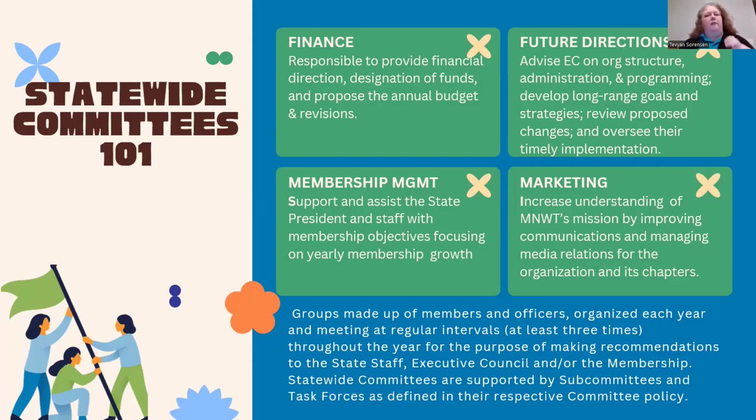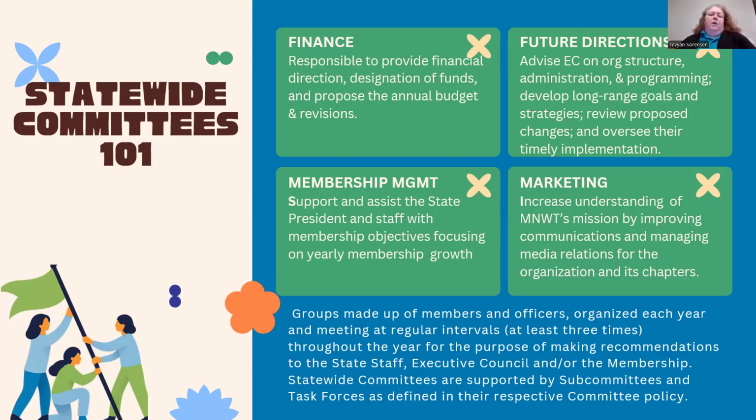So the 3 that we often refer to as statewide committees, because finance meets on a different time, but these 3 meet together, are Future Directions, Membership Management, and Marketing. I put these in a little weird order, but I'm going to start with Membership Management and Marketing, and then we'll finish with Future Directions.